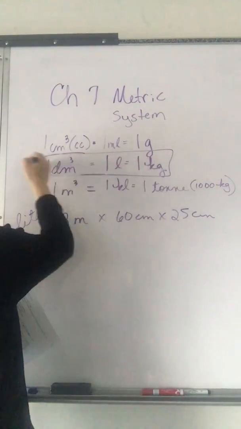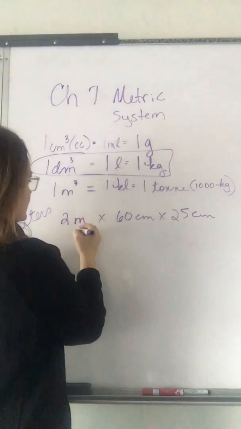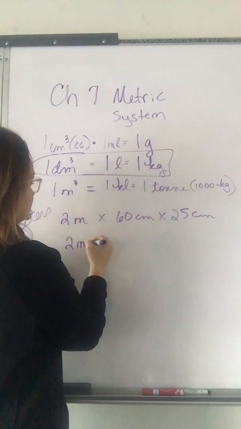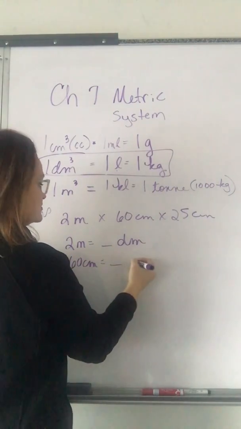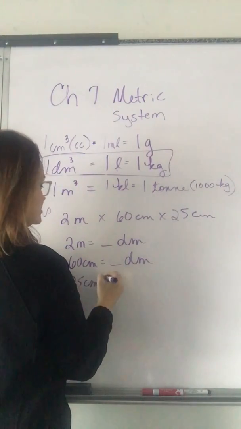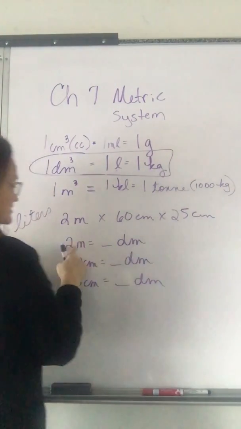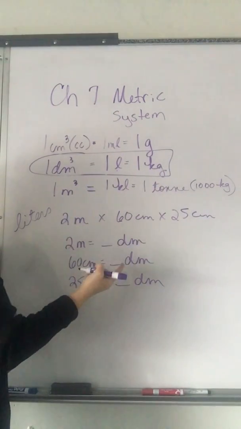So I see in this, these are equivalent. A liter is a cubic decimeter. So I will take each one of these and convert into decimeters using that linear scale that we've talked about. If we're just doing one dimension at a time, we move 1 place for every move on the scale.